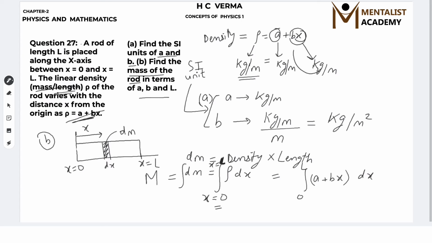The integration of a constant A is Ax, and plus, since it is a linear function, it will be x square, so the integration would be x square by 2.